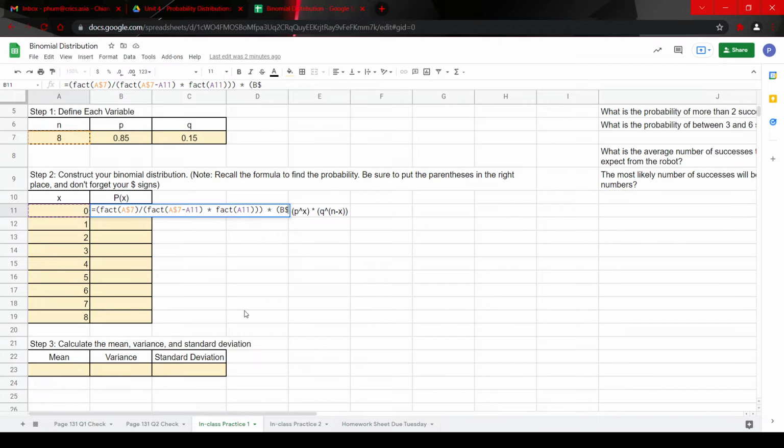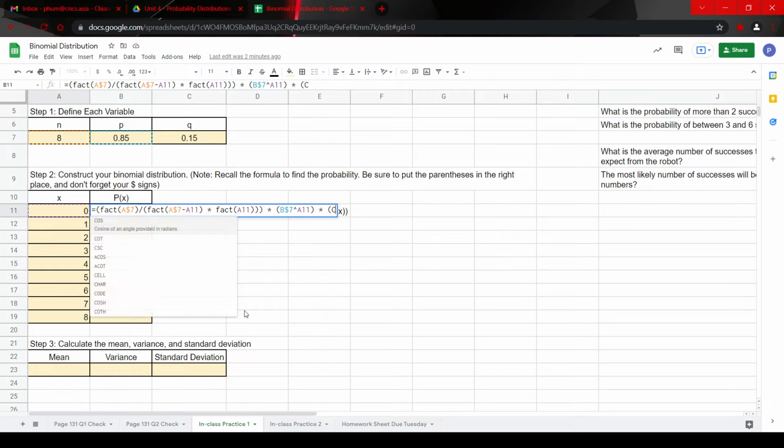So B$7 to the power of x, which is in A11. Multiplied by my Q, which is in C7. Don't want it to move. C$7 to the power of n minus x. So A$7 minus A11.